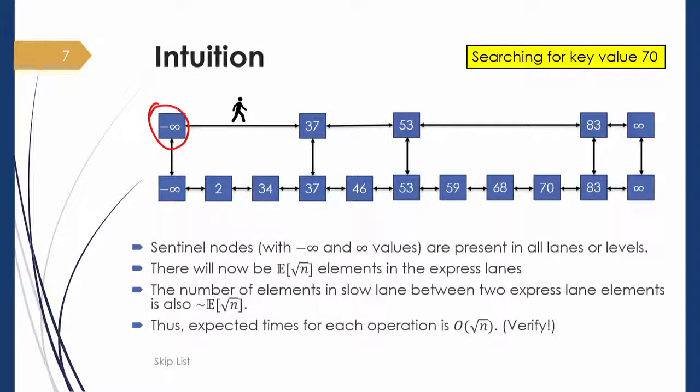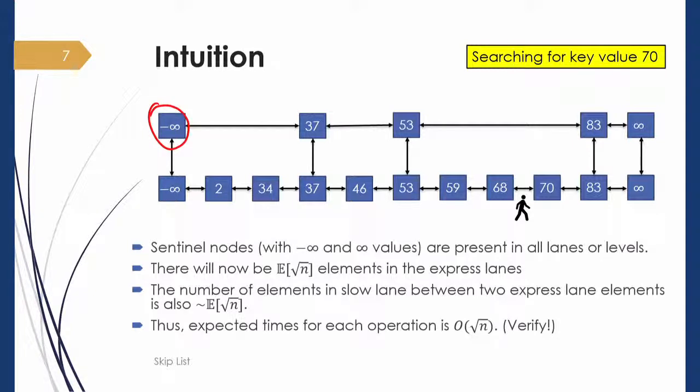We go down the express lane, we encounter 37, we encounter 53, and then we encounter 83. Oops! We have crossed the 70 that we are looking for. So, instead we turn back and go down one level, and then progress in the slow lane looking for 70, and we find the element.